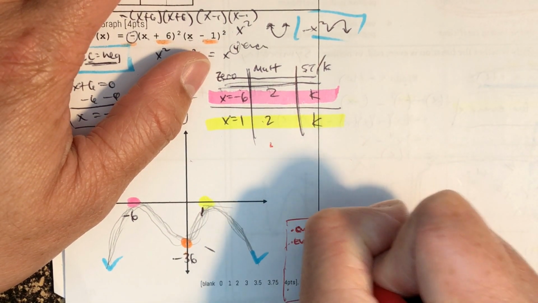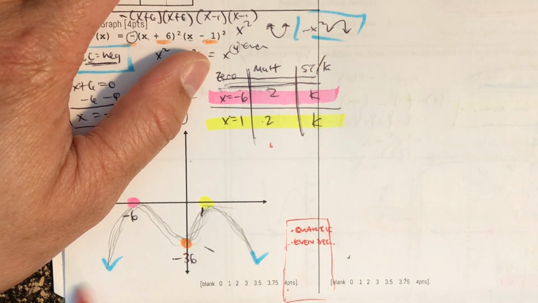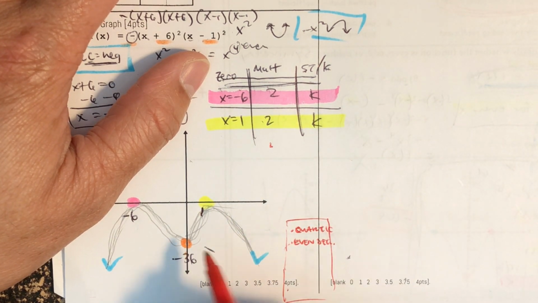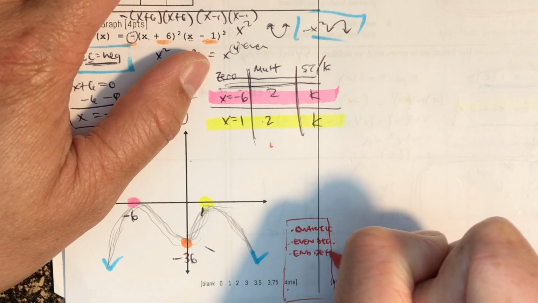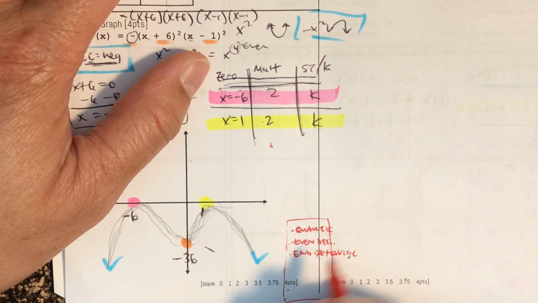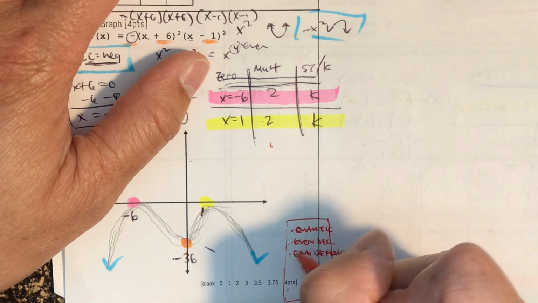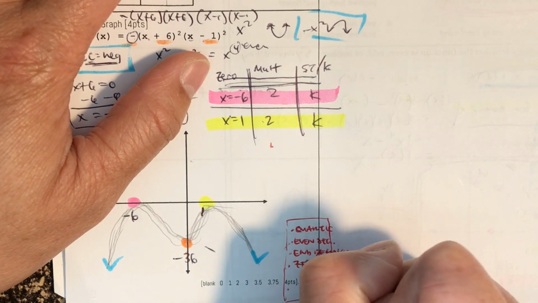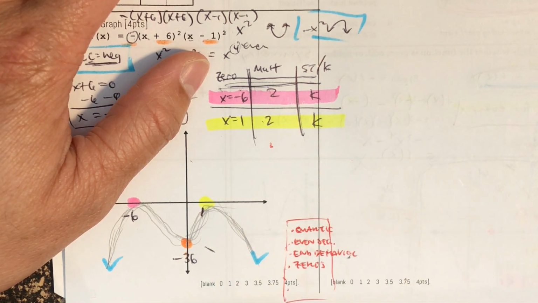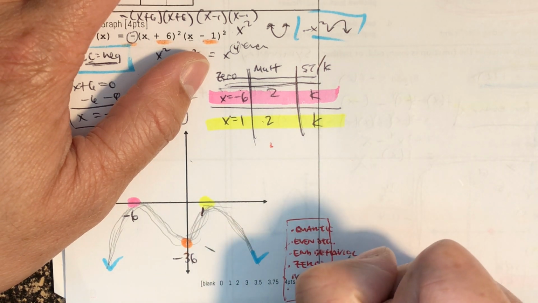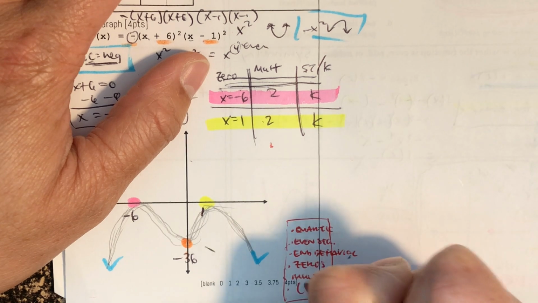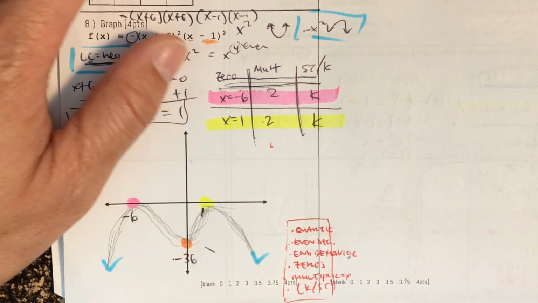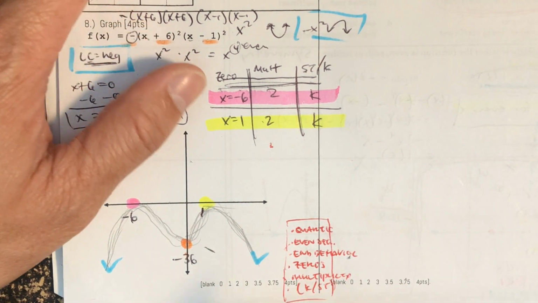Even degree. So the arrows were the same. Your end behavior: so starts down, ends down. Your zeros, those are the dots. And your multiplicity. Multiplicity, that's your kiss and shoot throughs. That's how you got 4 points.